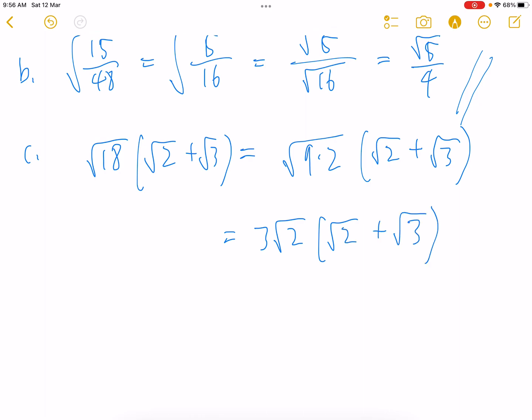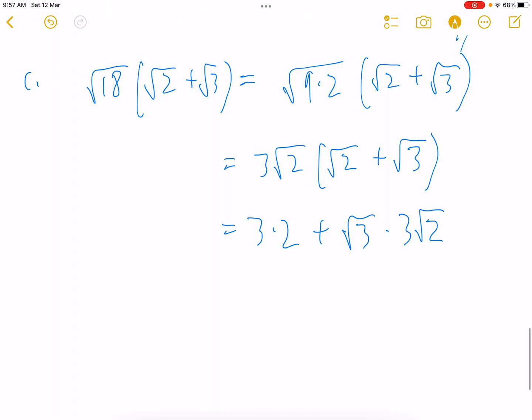Okay, now we distribute the terms. And the first one, root 2 times root 2 is root 2 squared, which is just 2. And so don't forget to times 3, plus the second term, root 3 times 3 root 2. Okay, now the first term is 6.